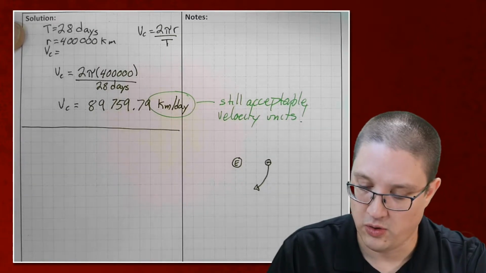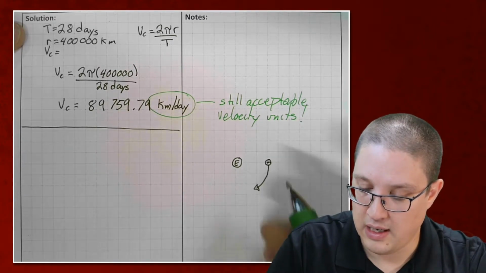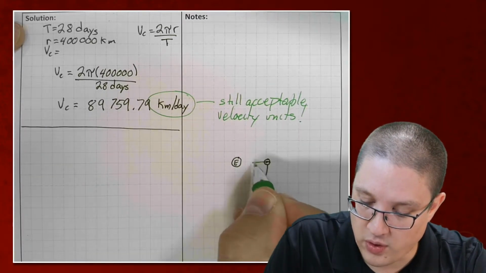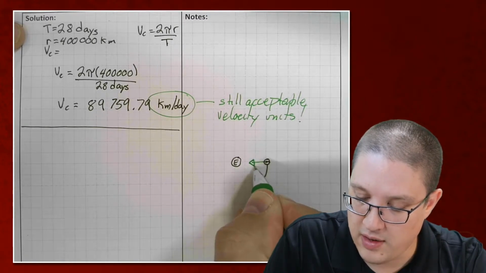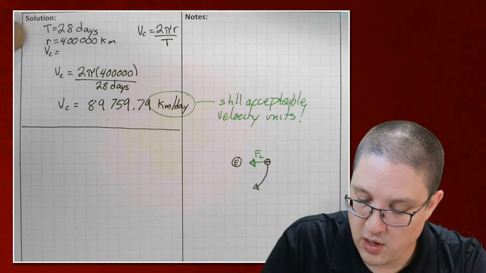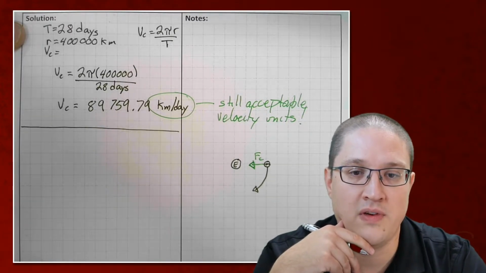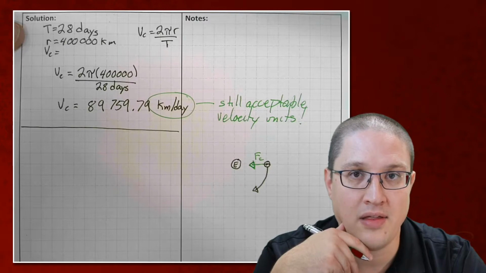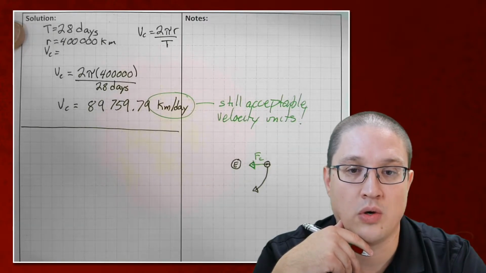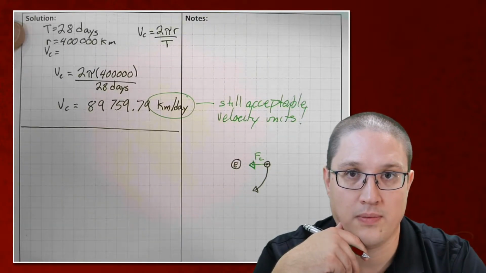It's close to a circle. There needs to be a force pulling the moon towards the Earth. Whenever I have an object moving in a circular path, the force is towards the center of the circle.